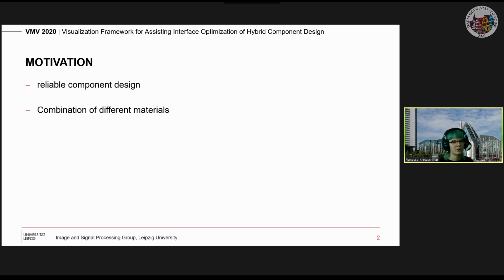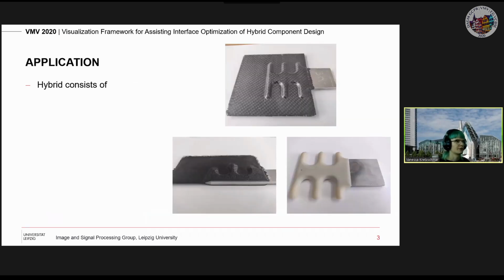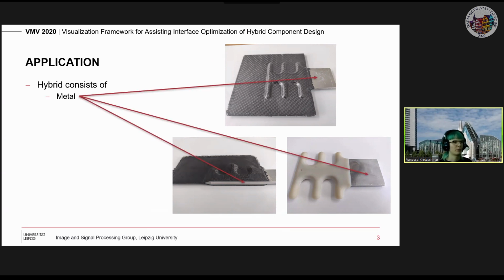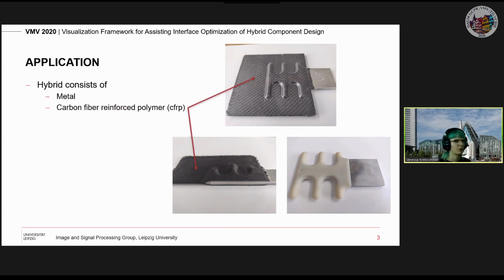A critical section of such hybrid parts, or possible weak zones, is usually the interface layer, where peak stress can be considered a potential point of failure. In our work, our collaborators from structural mechanics are interested in a specific hybrid made of metal and carbon fiber reinforced composite, short CFRP.